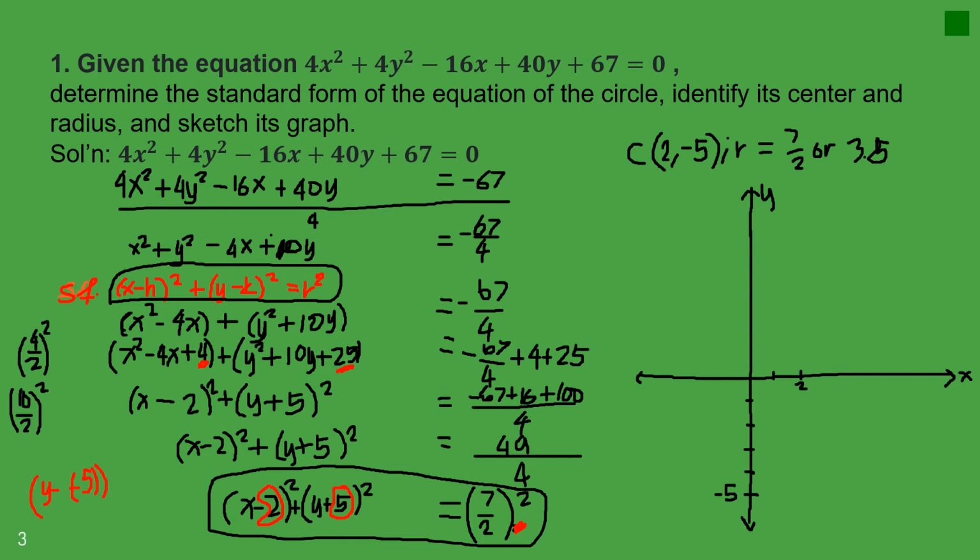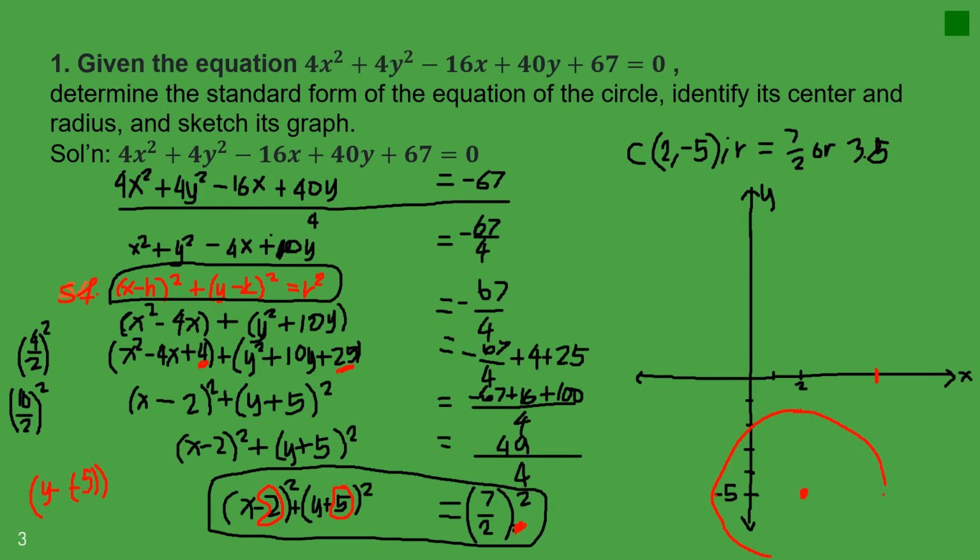So therefore, the center of our circle is somewhere here. And we need to have a radius of 3.5. So 3.5, that's 1, 2, 3.5, that's another end of our circle. So this is 5.5, this point. Then we have 1, 2, 3.5. It should have been somewhere here, and that's down below. And then we connect its points.